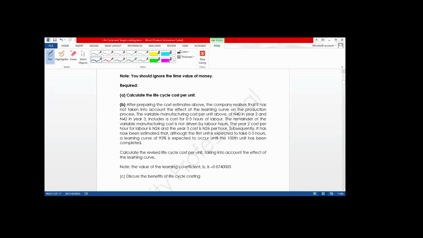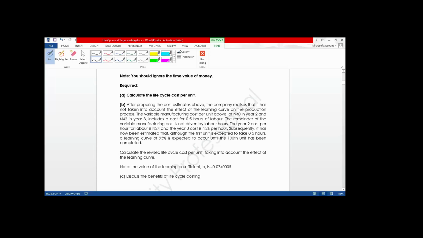That means that variable manufacturing cost, I need to separate it. I have labor-related variable manufacturing costs and non-labor related variable manufacturing costs.